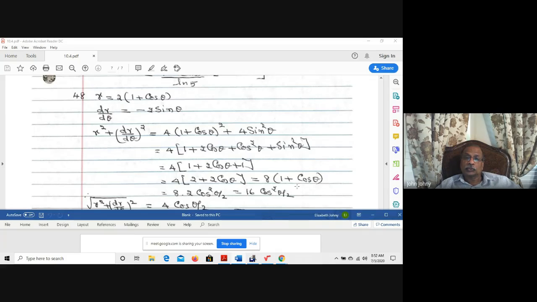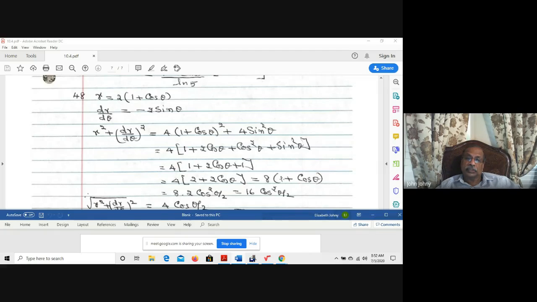So you use a trig identity in order to find the convenient square root. Otherwise, it is not easy to integrate. 1 plus cos θ is 2 cos² (θ/2). There is a similar result for sine squared, that is 1 minus cos θ is 2 sin² (θ/2).